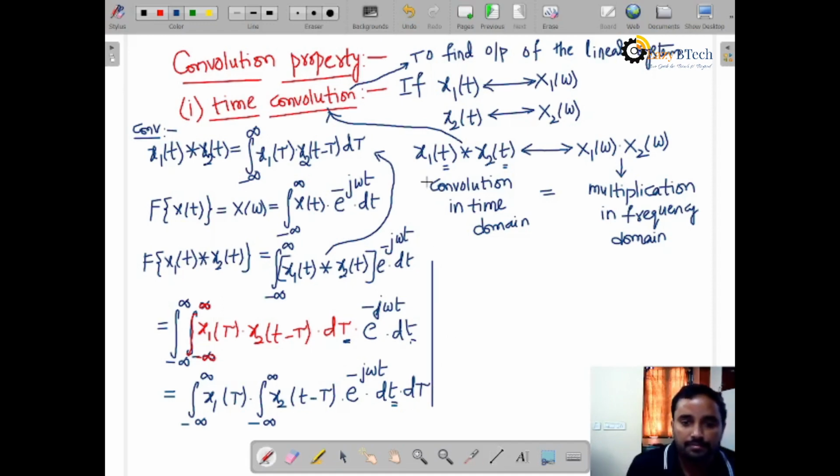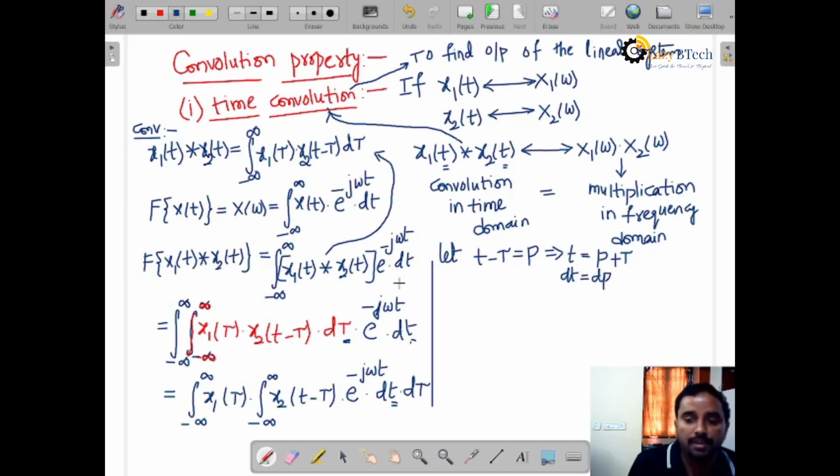Now let t minus tau be equal to some variable p. From this, t becomes p plus tau, and dt becomes dp, because tau is a constant.